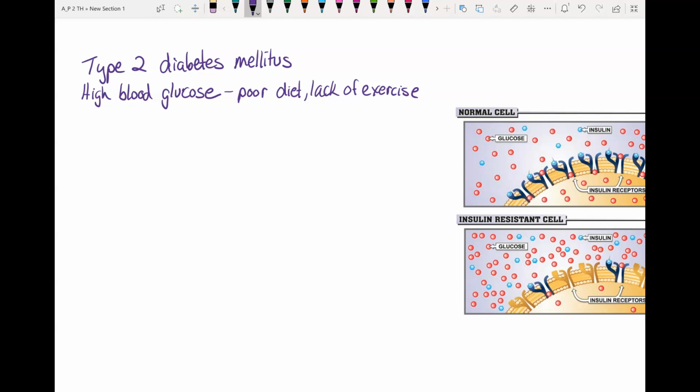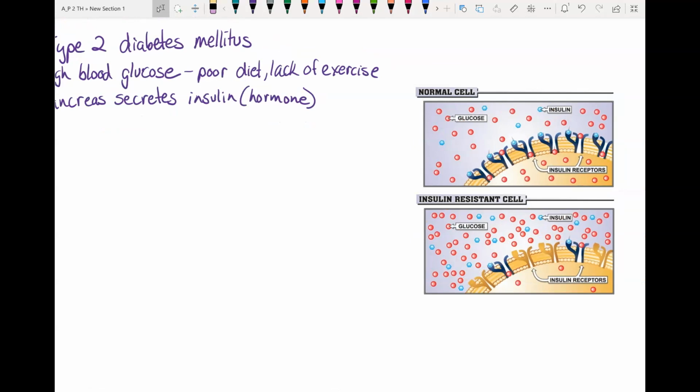Whenever you get glucose in your blood, your pancreas secretes insulin. So insulin is the hormone. Insulin binds to receptors on the cell. So if you look at this top picture here, there's the insulin. You can see it binds to the receptor, and that stimulates the cells to take up glucose.